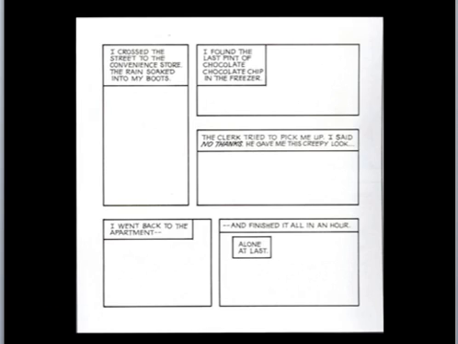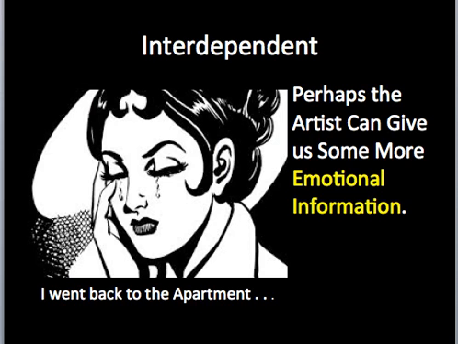When it says "I went back to the apartment after she purchased the ice cream," it could give a picture of her crying, which would tell us this woman is upset about something, but that's not in the actual text. It's in the picture. So it's giving you more information interdependently, the emotional information.